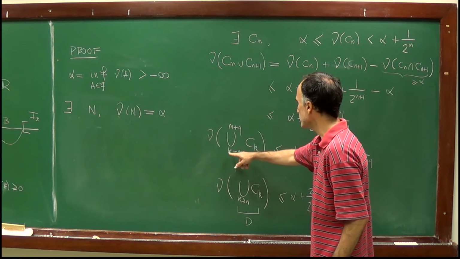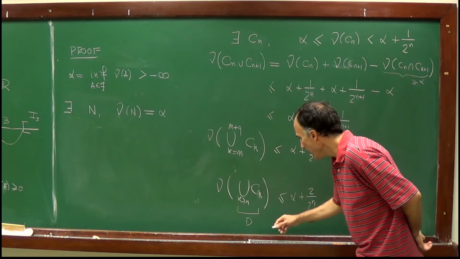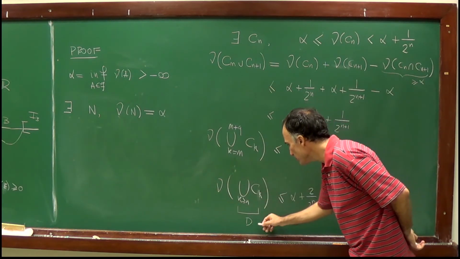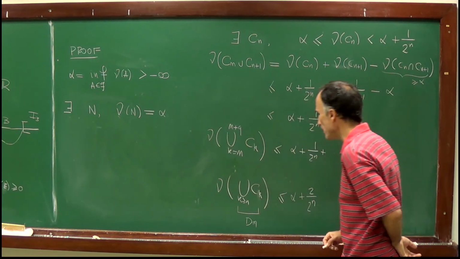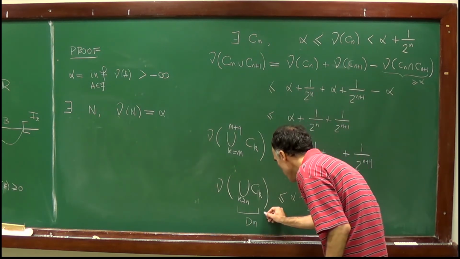Okay, I'm taking the union from k equals n to n plus K. And so now this set depends on n. I'm calling it D_n. And you observe that as n increases, these sets are decreasing.